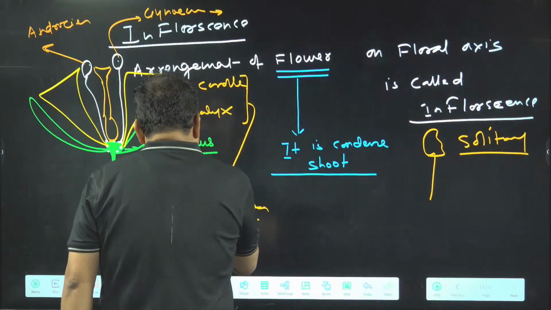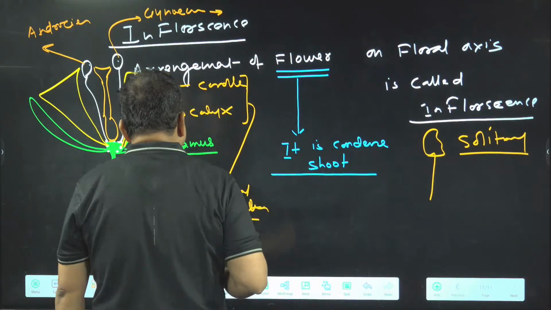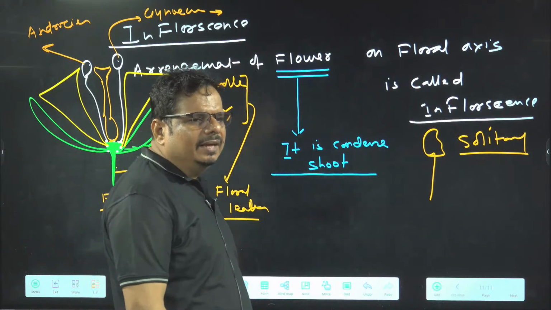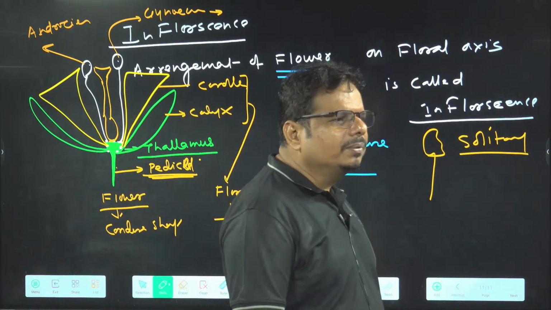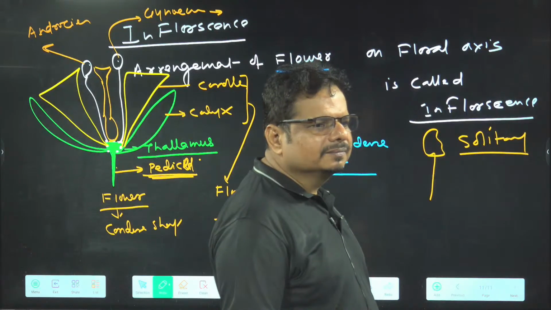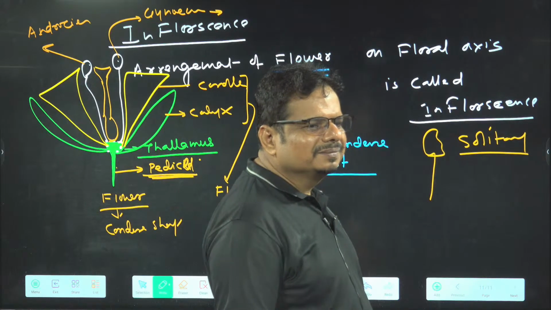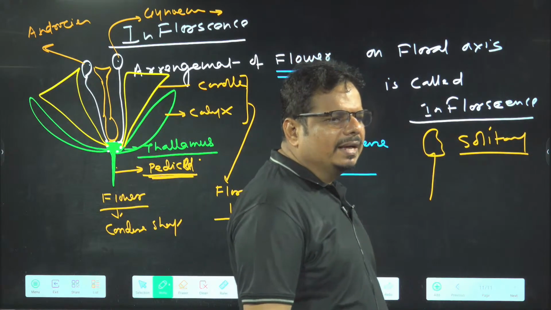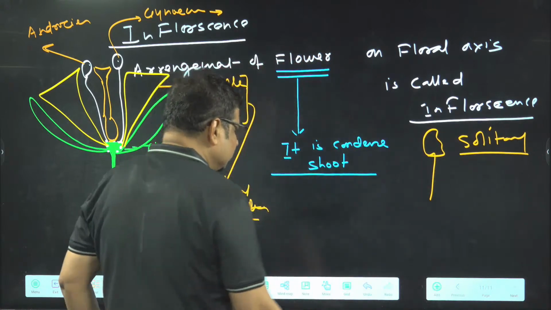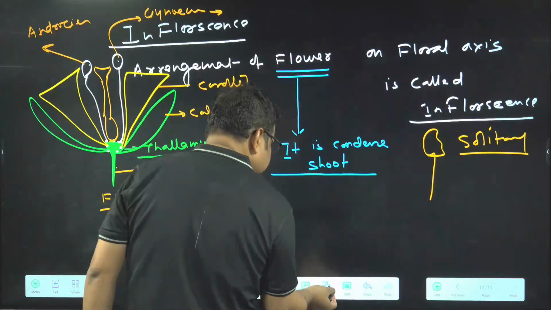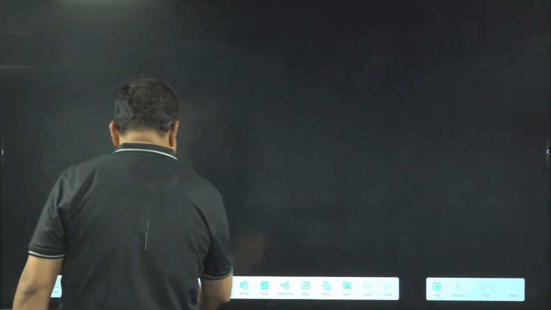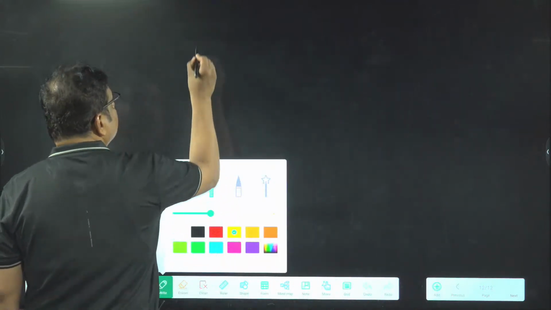Here, petiole is the stalk of the leaf, pedicel is the stalk of the flower, and peduncle is the stalk of the inflorescence. Have a look now. Inflorescence.